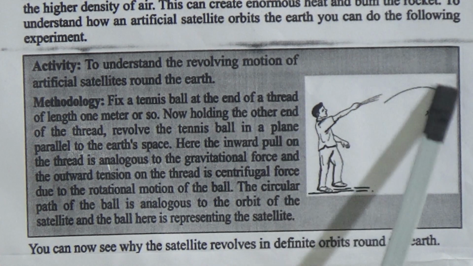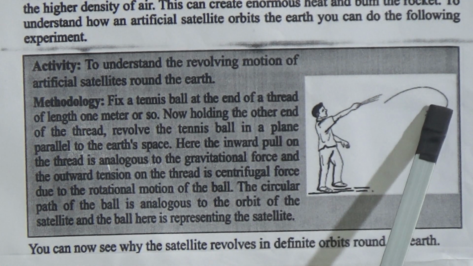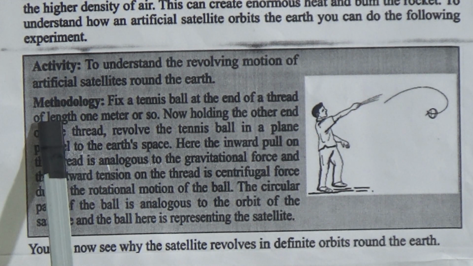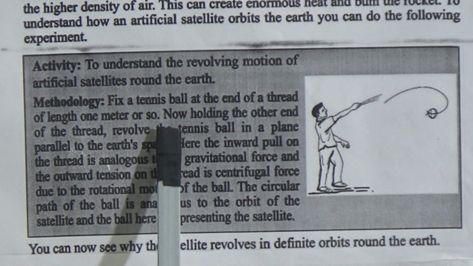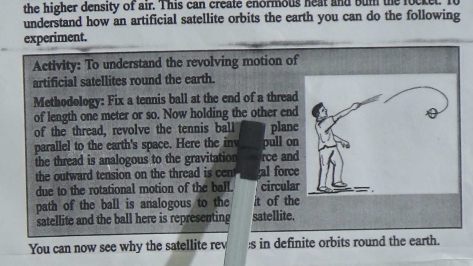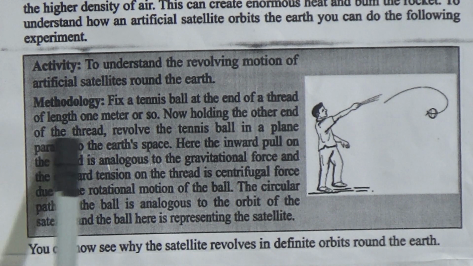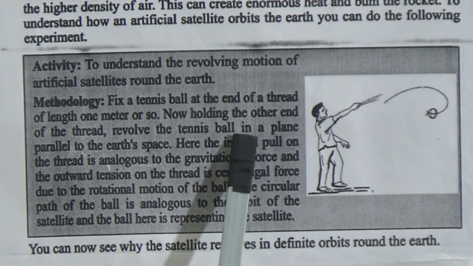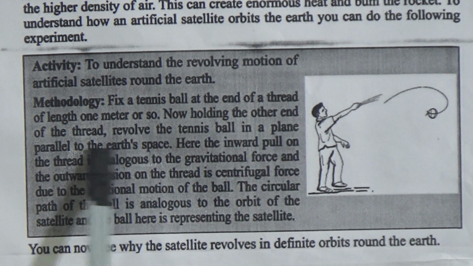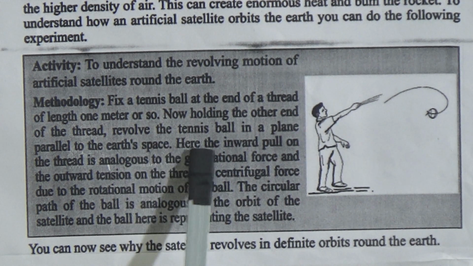The thread is tied to the tennis ball. The length of the thread will be 1 meter or so. Now, holding the other end of the thread, revolve the tennis ball in a plane parallel to the earth's surface.